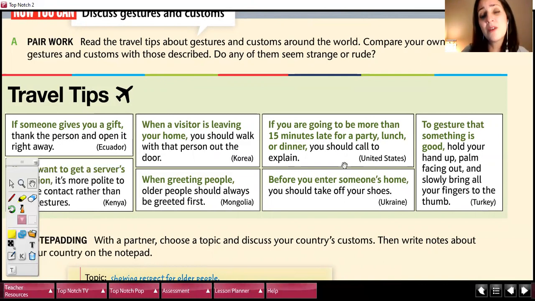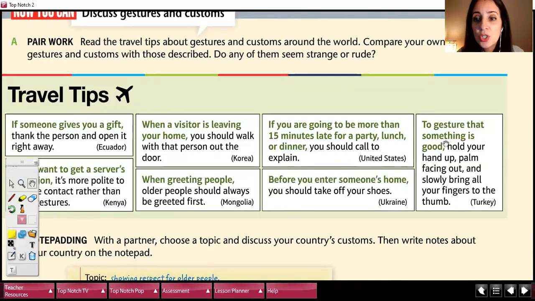But here in Brazil, unfortunately, we think that 15 minutes, 20 minutes is within the time limit to call. So some people call, some others don't think it's necessary.